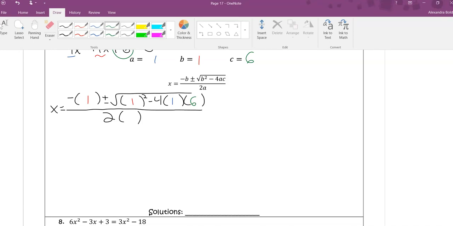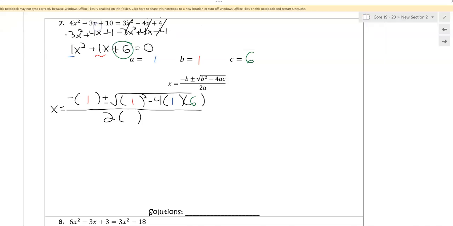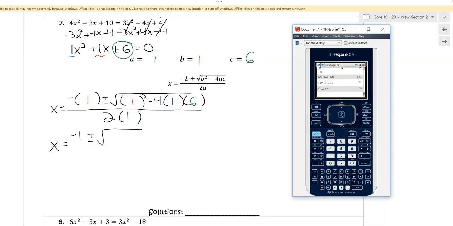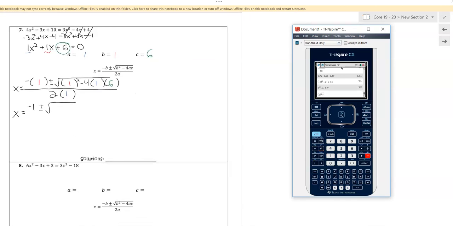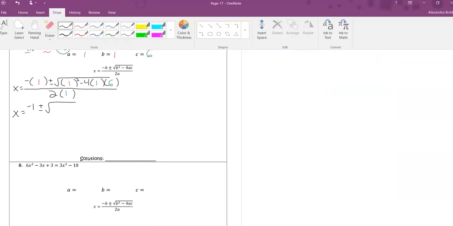And then 2 times 1. So x equals, right, negative 1 plus or minus. We have our square root. And then I'm going to type that in my calculator. So in parentheses, we have 1 squared, minus 4 times 1 times 6. We get negative 23.